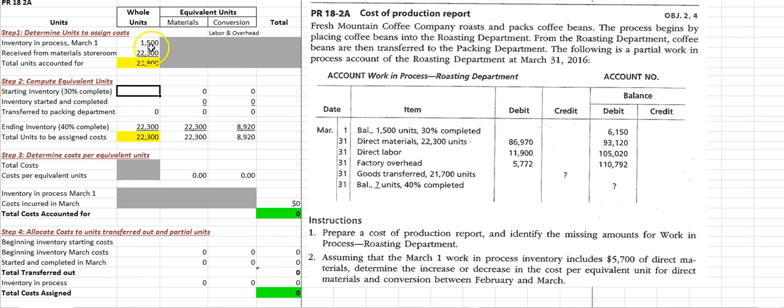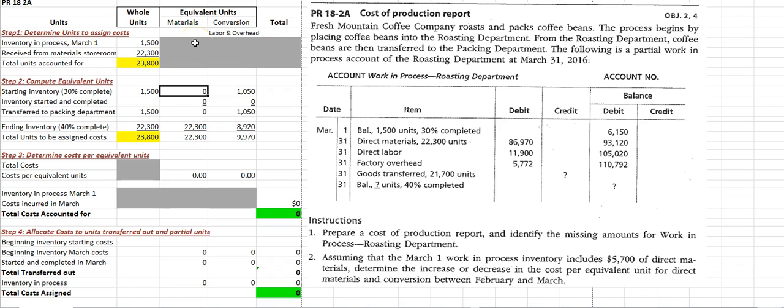We have 1,500 units that we started, right? Of that 1,500 units, how much do we have to include in materials for this month? Nothing. 100% of the materials cost was incurred in the prior month, and it was allocated in the prior month. So as far as equivalent units for this month goes in materials, by the way, I didn't explain something.